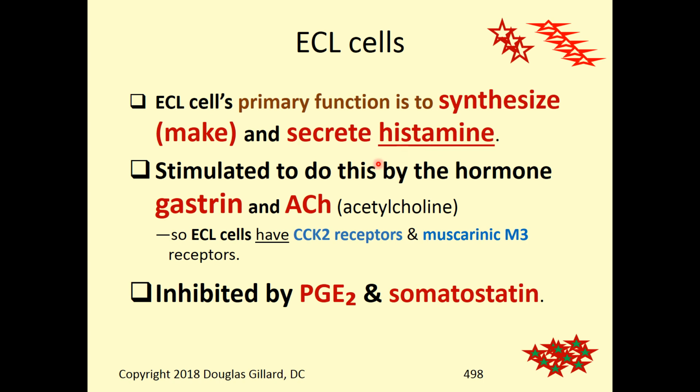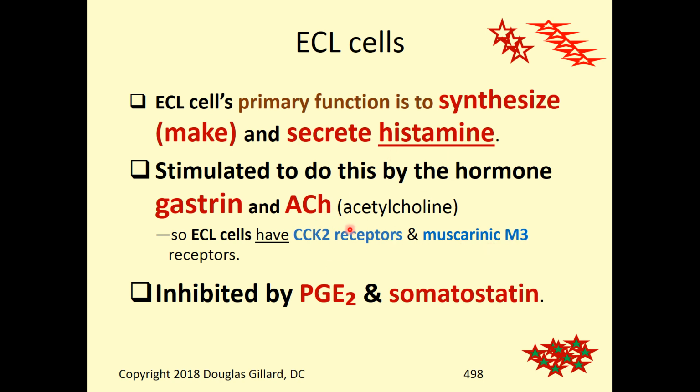What stimulates the ECLs? Gastrin and ACH both turn them on. Okay, that's important to know. Who stimulates ECL cells to make histamine, which is the most important releaser of stomach acid? Gastrin and ACH. ECL cells therefore have CCK2 receptors for gastrin and muscarinic M3 receptors for acetylcholine.